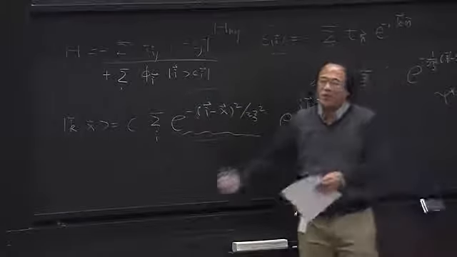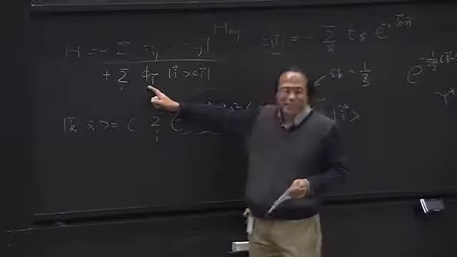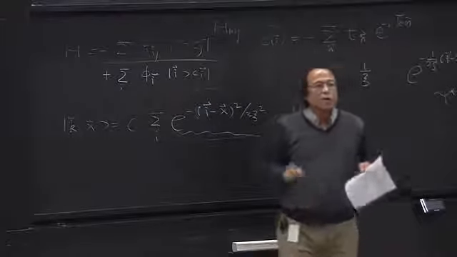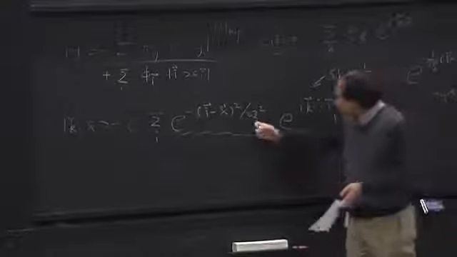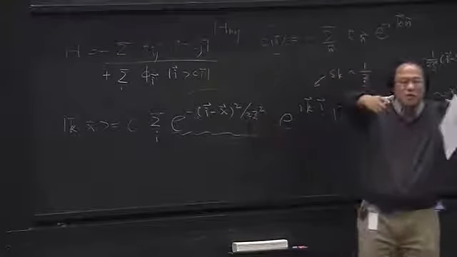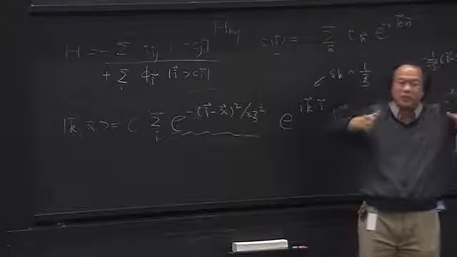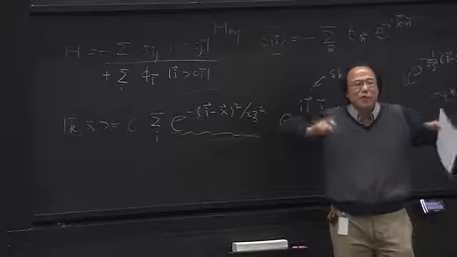And here we make another approximation. We say this potential is smooth, very, very smooth. It means smooth even at the scale of Kc. Kc is very big, but we say at the scale of Kc, the potential almost doesn't change. So it's very, very smooth.